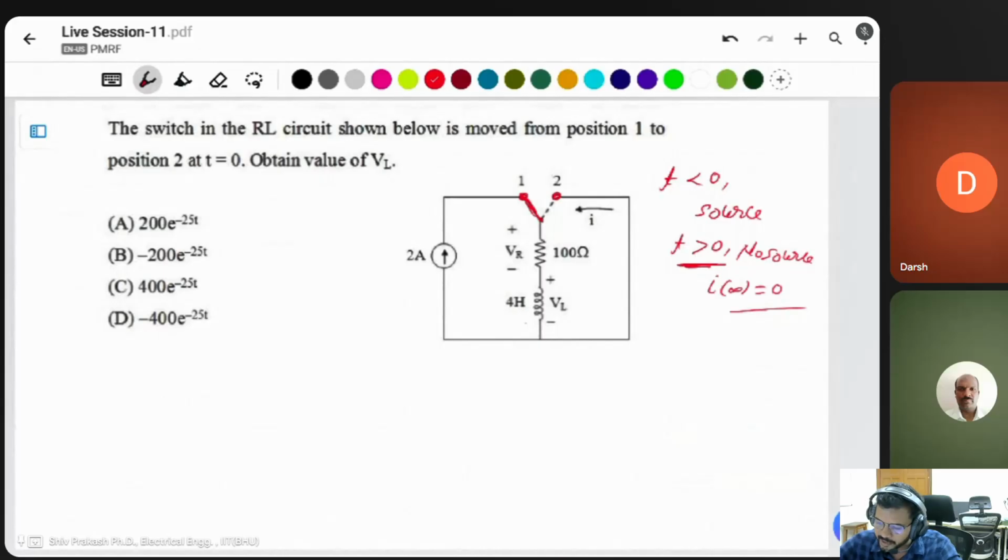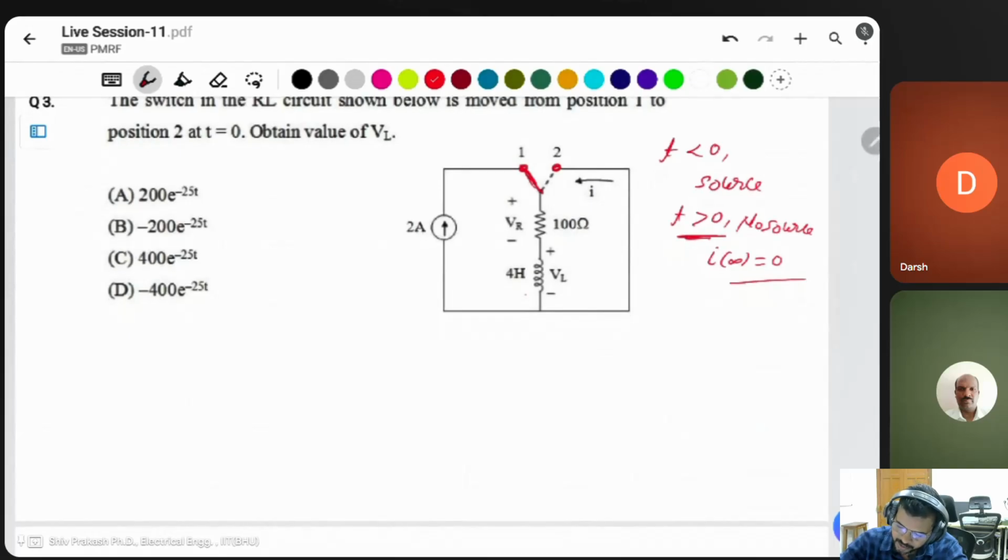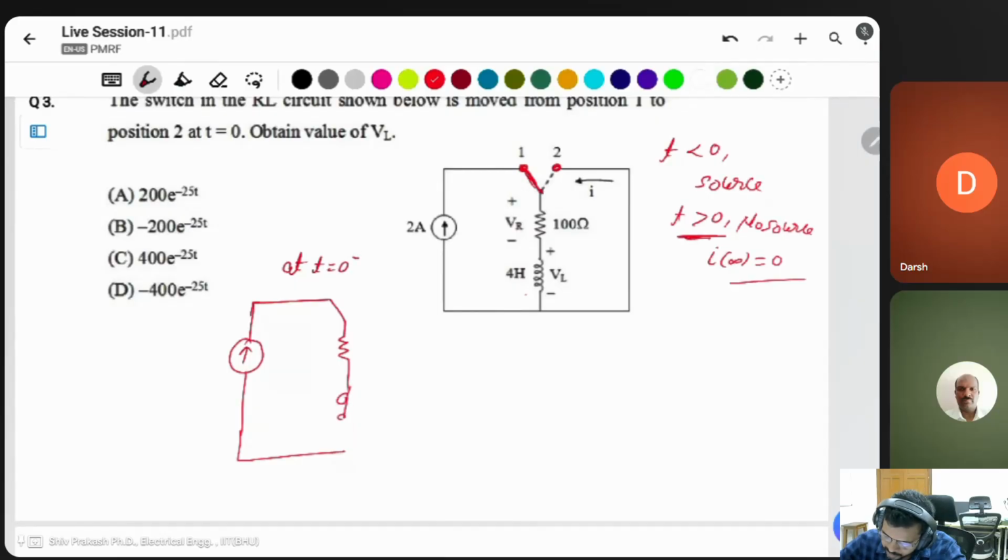In this case, simply you can say the final current is 0. No need to draw a circuit for this. There is a source before t equals 0, so there is a need to draw a circuit and find the initial current of the inductor. At t equals 0 minus, the inductor behaves like a short circuit.